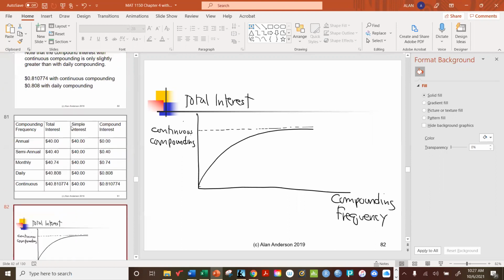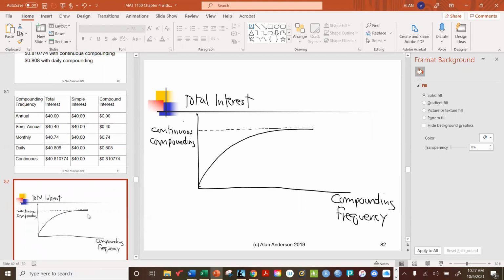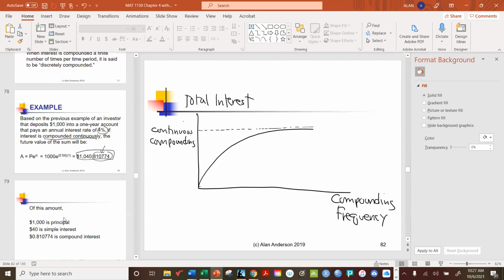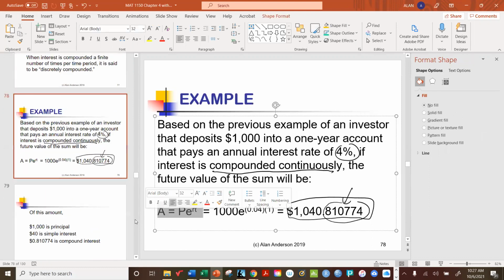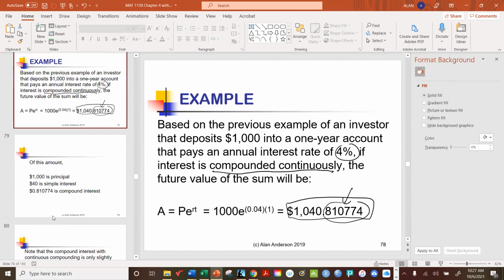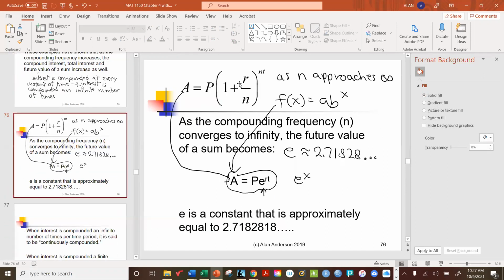All right. Now, like I said, in practice, you won't find any banks that are making continuously compounded interest payments. But it turns out that in finance, in a lot of formulas that involve interest rates, there are mathematical reasons why it's more convenient to use this formula rather than this one.